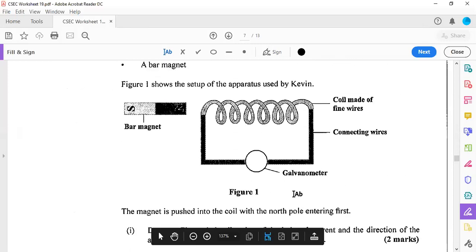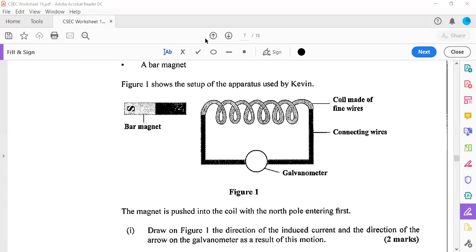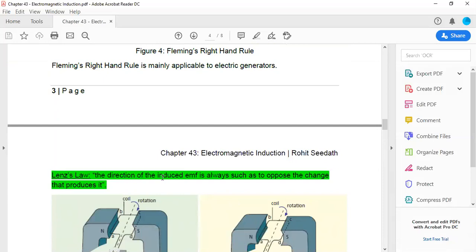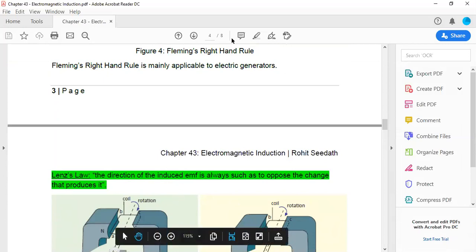So let's go back to your notes so that you can see what the notes say. The direction of the induced EMF is always such as to oppose the change that produces it. Good. So that means that however you produce the EMF, the current goes in the opposite direction so as to oppose the change causing the voltage to be produced.